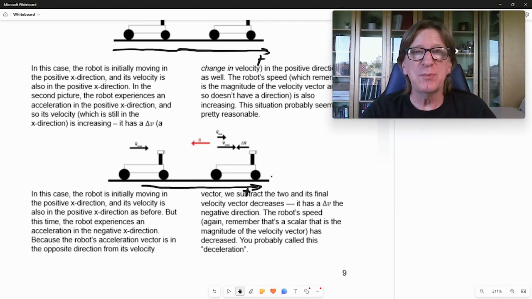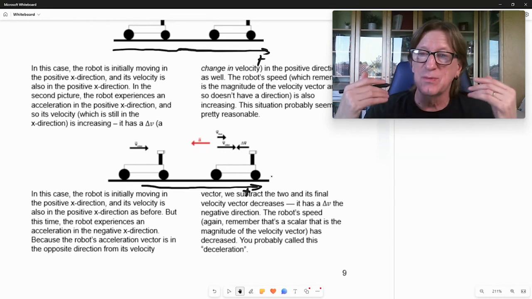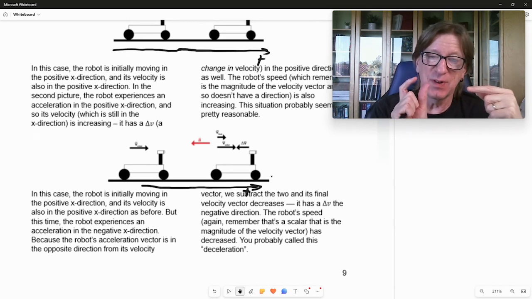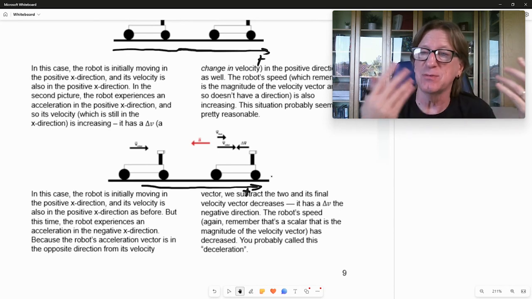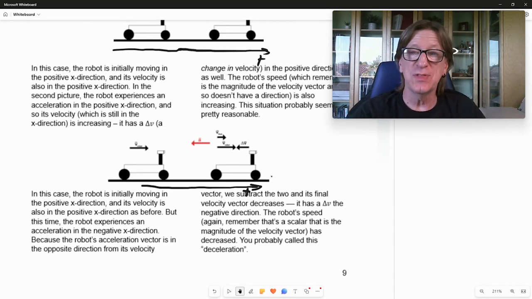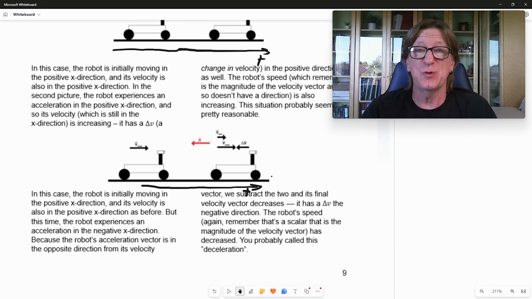All right, now we're going to apply an acceleration in the negative direction. So because the vector's in the opposite direction, I'm going to be subtracting some velocity. That change in velocity that resulted from the acceleration is going to be in the opposite direction. And so the magnitude of the robot's velocity is going to get smaller. Okay, that's just a fancy way of saying it's slowed down.